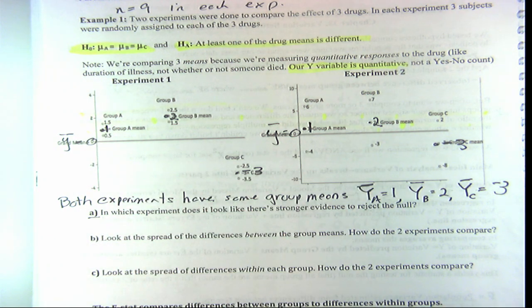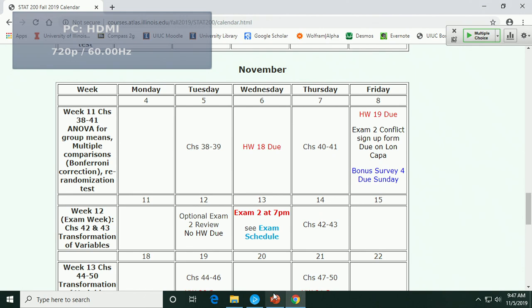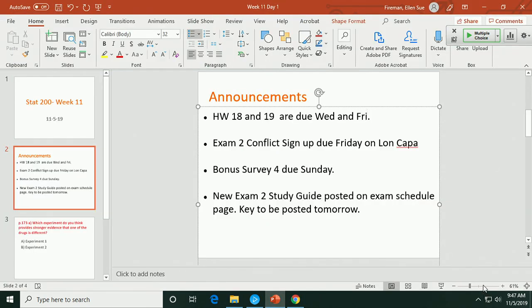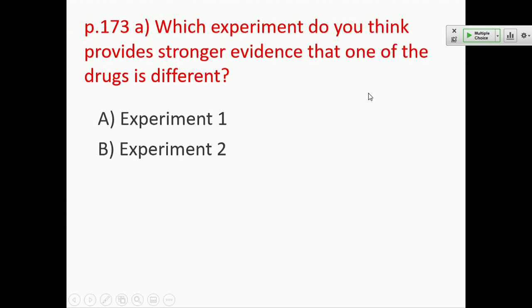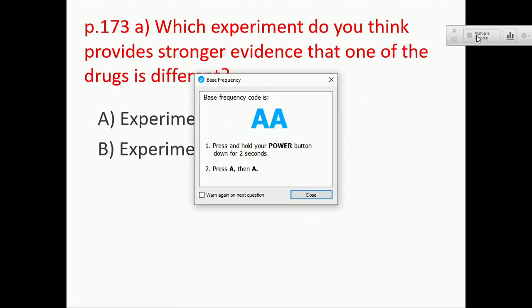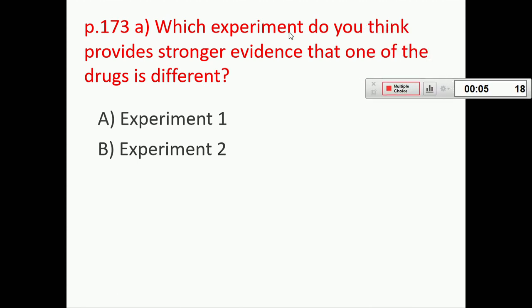So let's do this as an eye clicker. That's the same as asking this question: which experiment do you think provides stronger evidence that one of the drugs is different from the others?